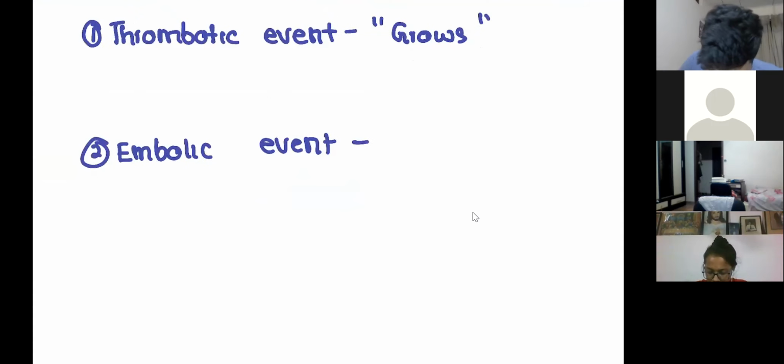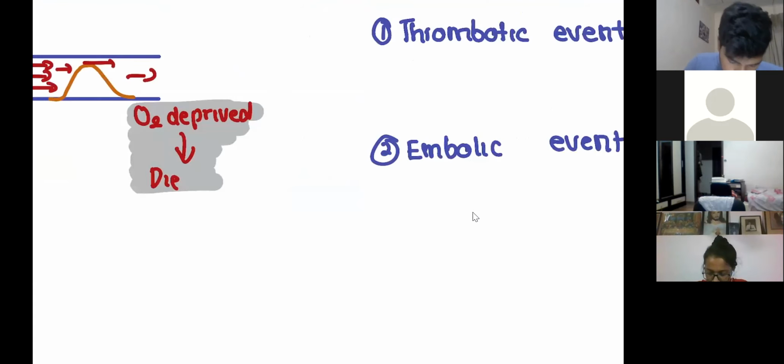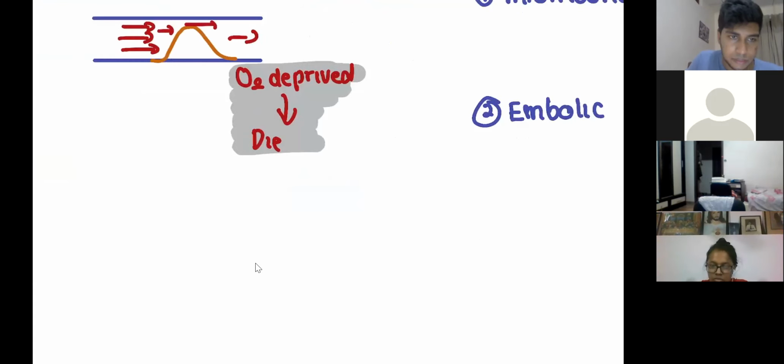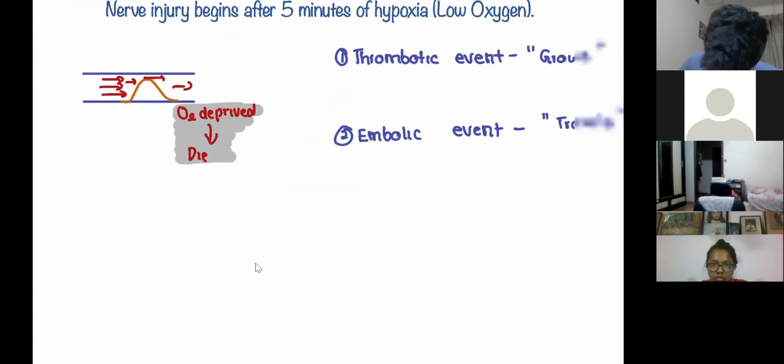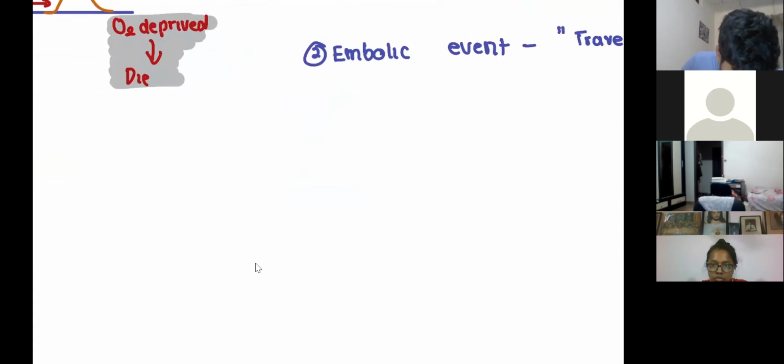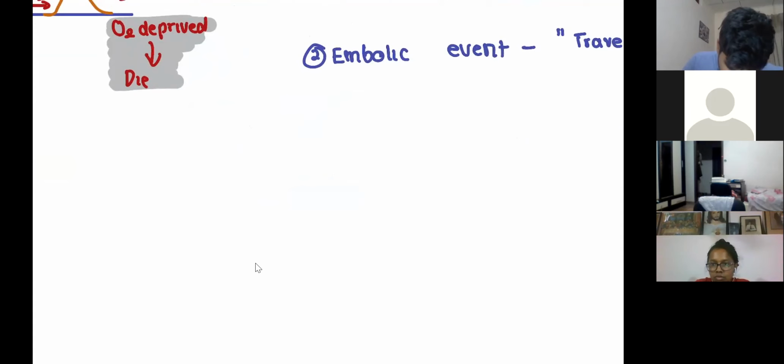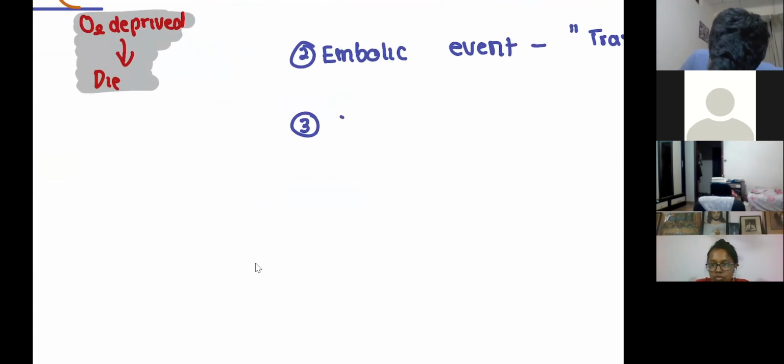And an embolus is something that travels. Remember infective endocarditis, you can get a suppurative embolus. It can go to the brain and block the blood supply. So the third type is hypoxic.